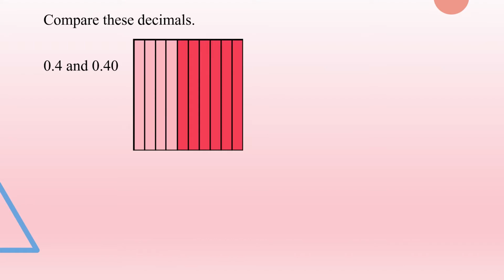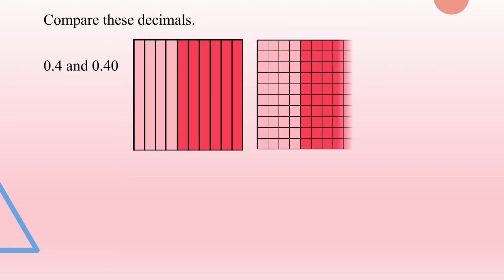Here 4 parts have been shaded pink. So that represents 4 by 10. 4 by 10, that is 0.4. So this picture represents 0.4. Let us draw another picture which shows 0.40. Here it is divided into 100 parts, and 40 parts have been shaded pink.